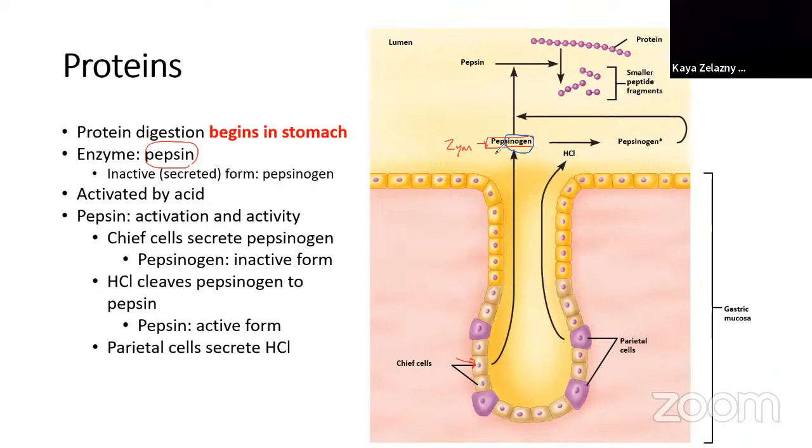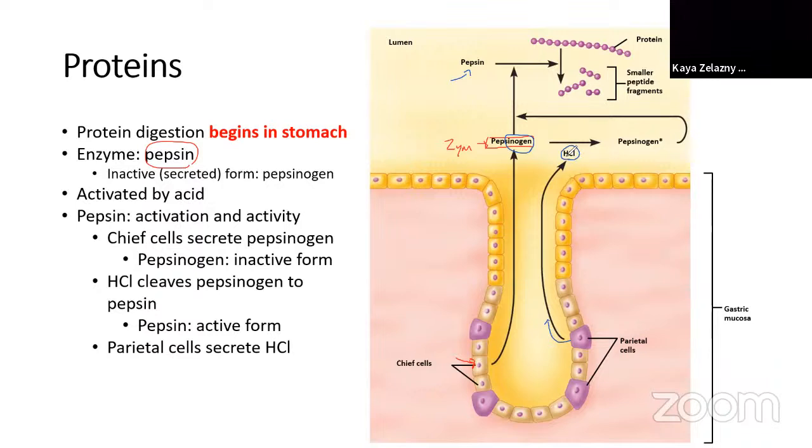Okay. So we need to activate that pepsinogen into pepsin. The way we do that is by contact with acid. Now the acid is coming from the parietal cells. We talked about them in the gastric pits as secreting hydrogen ions, which they are, but those hydrogen ions are largely coming in the form of hydrochloric acid.